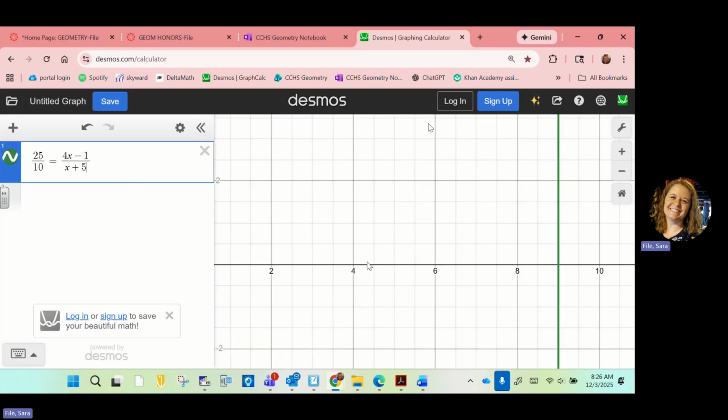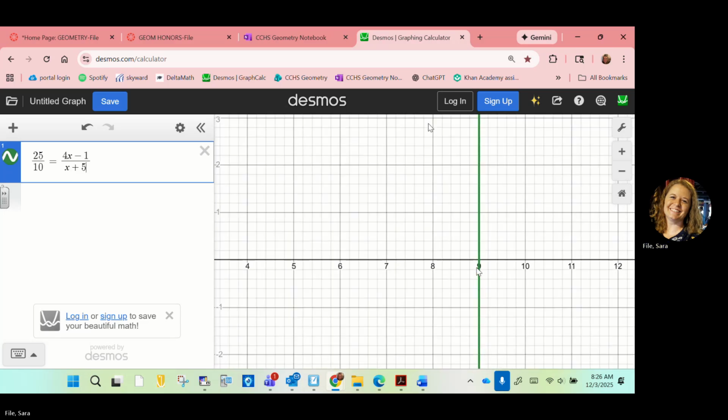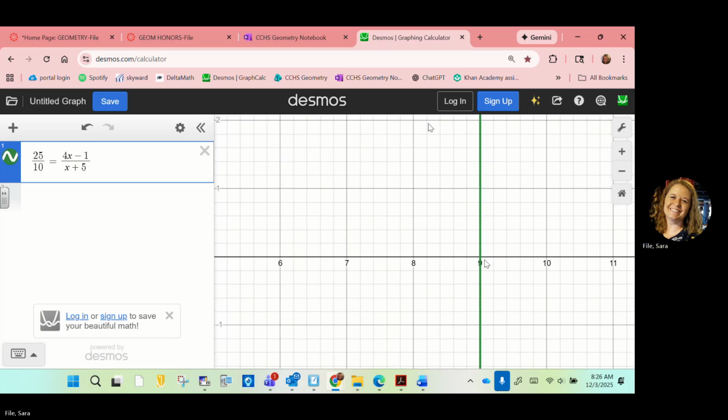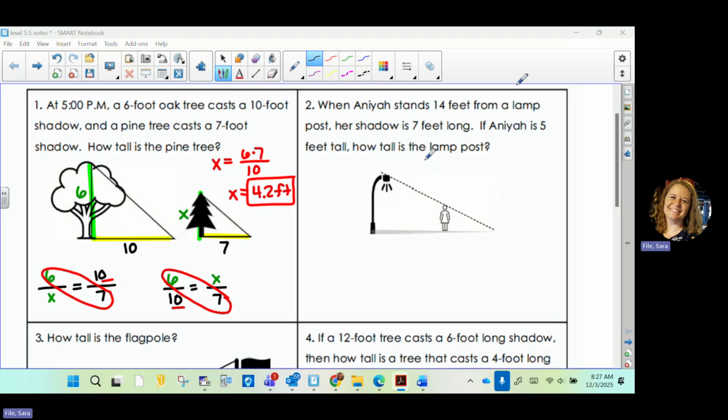Okay, I can zoom out and look for that. There's that, see that line going through my graph here? There's my solution. It's at 9. So instead of having to cross multiply and do all that algebra to get 9, like we did on the notes, you could let Desmos do that work for you. Does that make sense? So that was just the Desmos trick I wanted to make sure everybody was aware of.